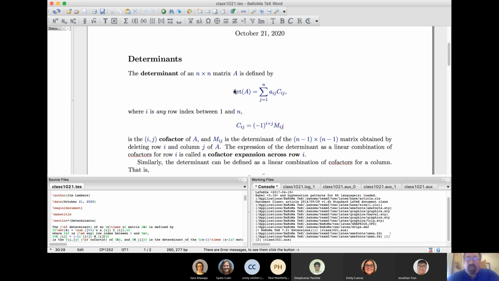In other words, any determinant of an n by n matrix is expressed in terms of determinants of slightly smaller matrices, n minus 1 by n minus 1. And then you have to give it the correct sign. If you're deleting row i, column j to get this matrix, then you multiply that by (-1)^(i+j).